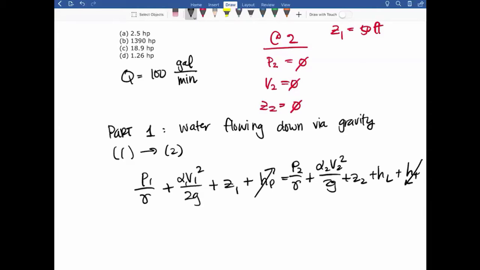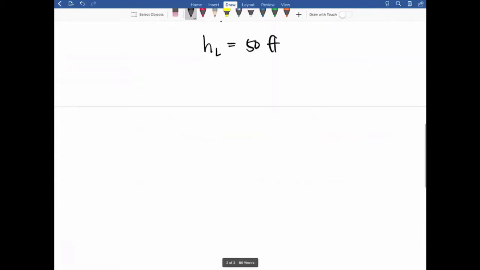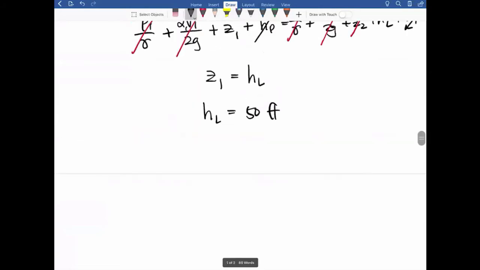Now, my favorite part is always crossing everything off. That goes away, that goes away, that goes away, that goes away, and that goes away. And it is that simple: Z1 is going to be equal to our head loss. So we have our loss.